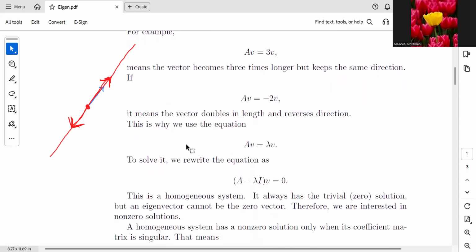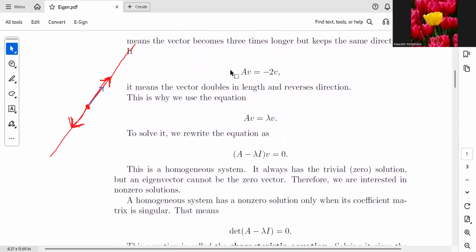In order to solve it, as you have seen in equations of numbers, we can subtract lambda nu from both sides. So the right side would be 0, and the left side would be A nu minus lambda nu equals 0. If we factor out nu, that would be (A minus lambda) times nu equals 0.